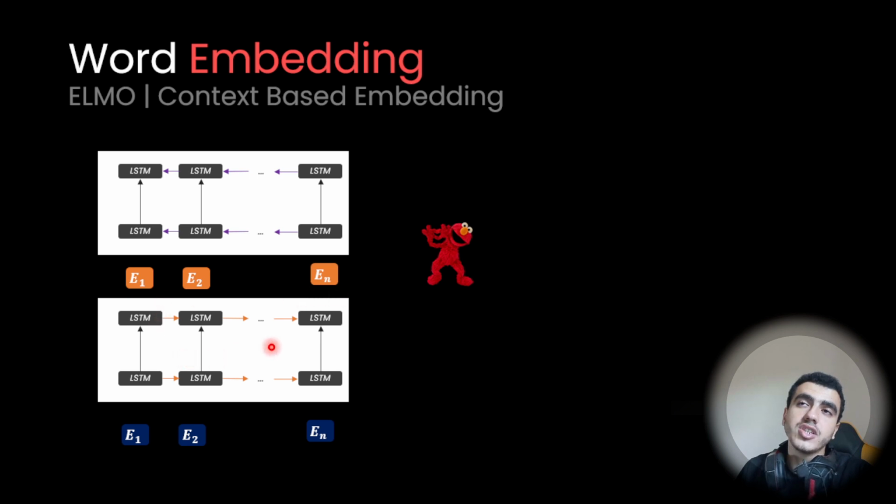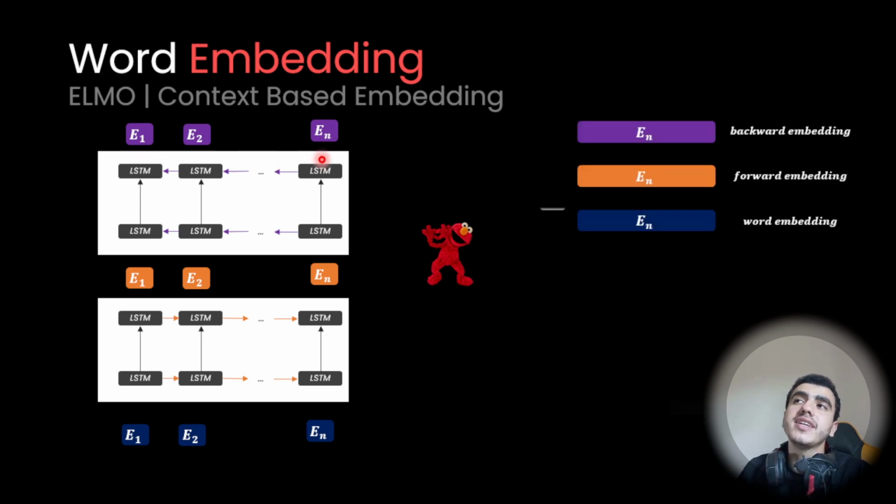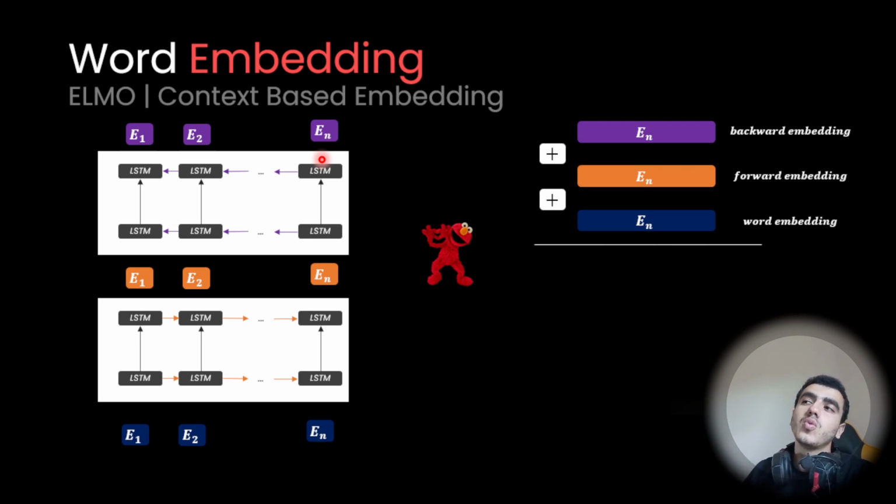After the forward propagation, it will be inserted into the backward LSTM, and it will give the last layer of embedding. And I will have these 3 layers of embedding, adding them upon each other, which will give me the final embedding that I can use.